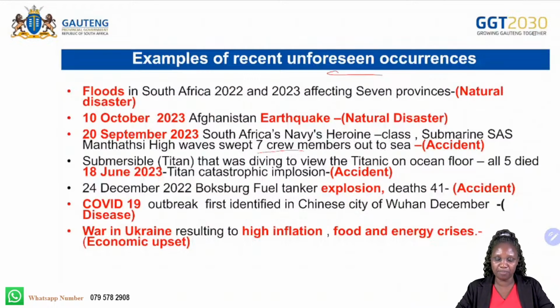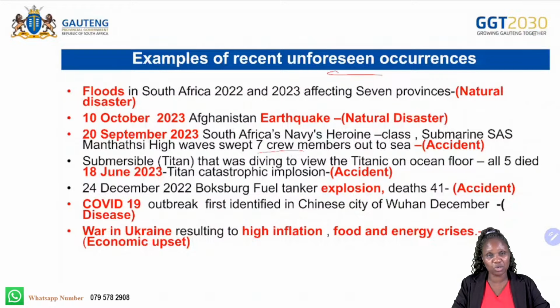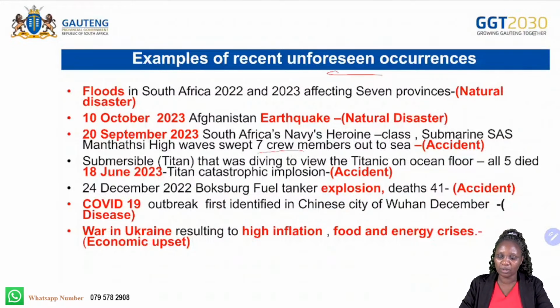And then 24 December 2022, there was a Boksburg fuel tanker explosion and the death toll was 41. It was an accident. And then COVID-19 outbreak, first identified in the Chinese city of Wuhan in December 2019. It is a disease.